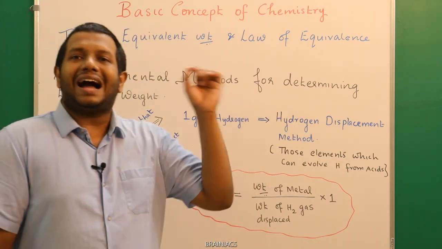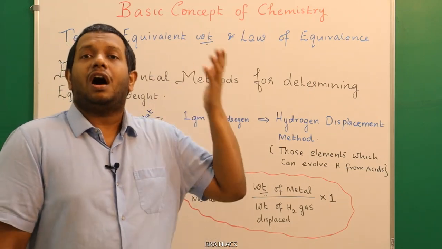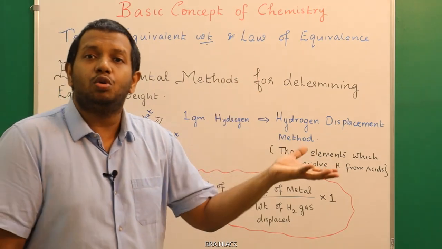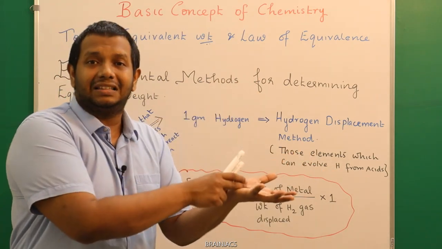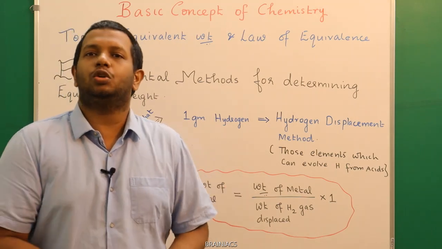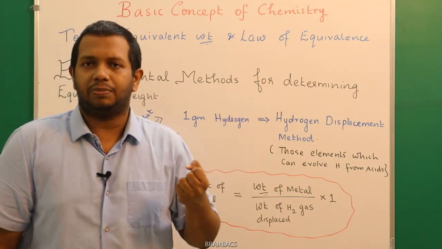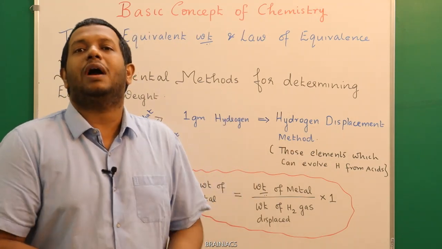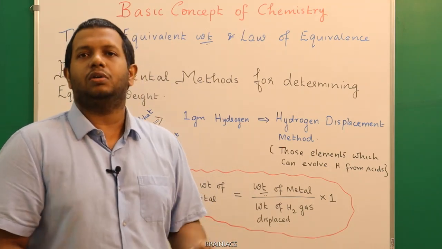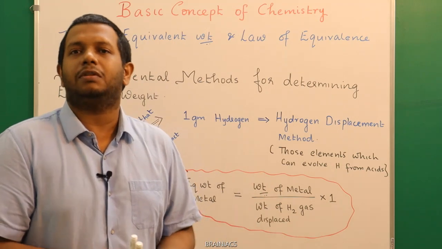Then identify, after the reaction, how much of the element is left behind. Suppose you have taken 250 gram, and after the reaction you measure and find 230 gram left behind.